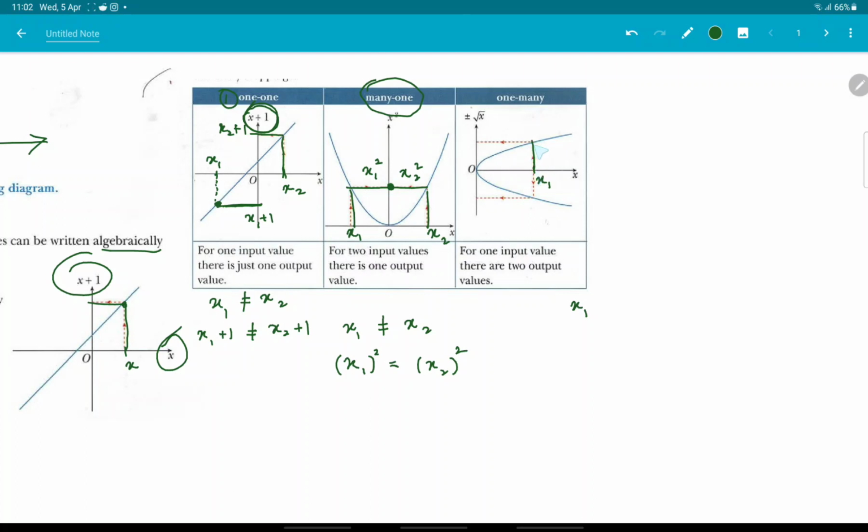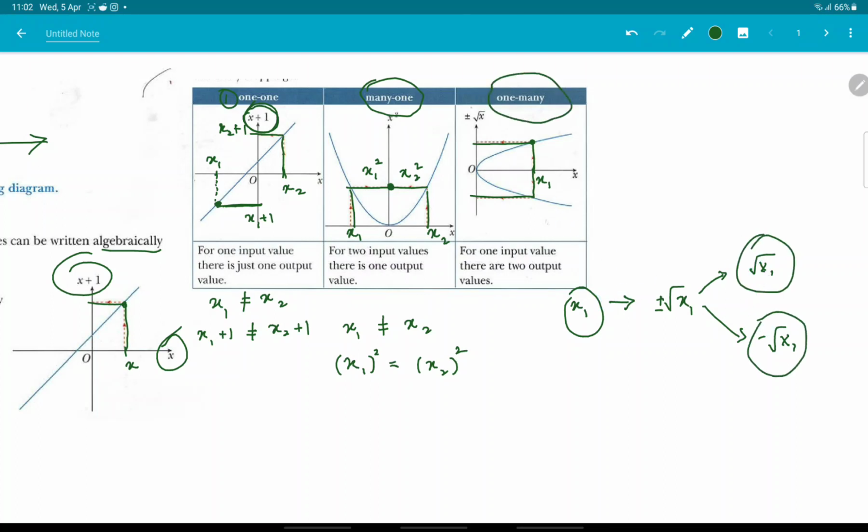If you put this into this function, you will get plus or minus the square root of x1, so it can be two values: plus square root x1 or minus square root x1. When one value is substituted into the relation, there are two values in this relation. So this relation is called one-to-many.